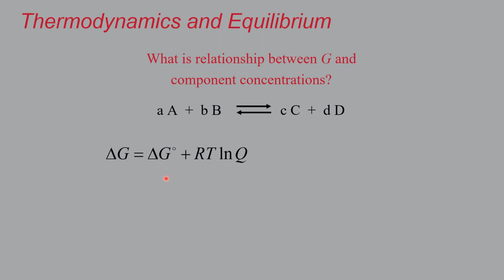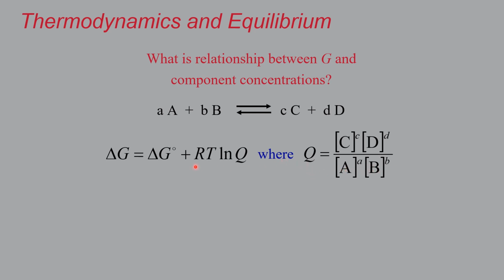Just so you know, the Q here is the reaction quotient that we talked about in the equilibrium chapters. It's just going to be the concentration of the products raised to the power of their coefficients divided by the concentrations of the reactants raised to the power of their coefficients.